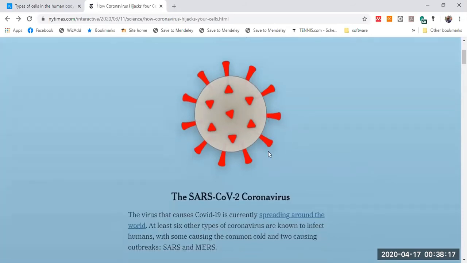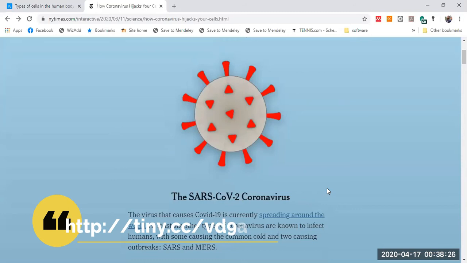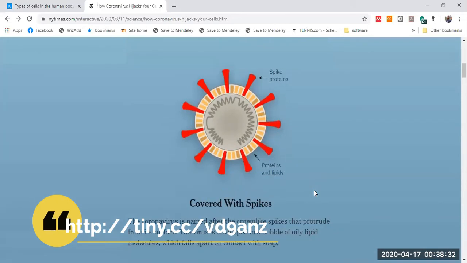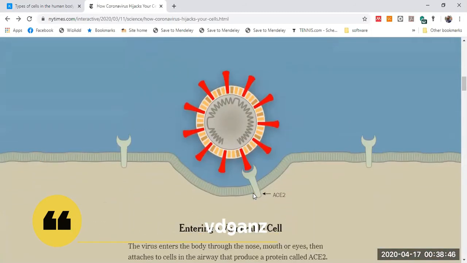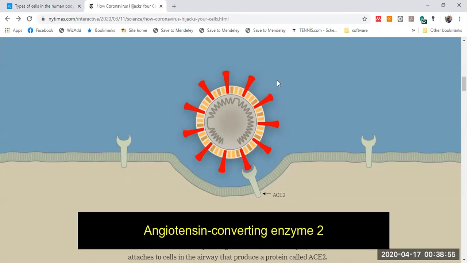If we take a look at this article, they're talking about the SARS-CoV-2 coronavirus that can spread through your nose, through your mouth, through your eyes. And when you see this coronavirus, you can see this structure. It contains protein, it contains nuclear material. It also contains the spike proteins. And then you see how it affects the cells, especially the cells of the airways, epithelial cells, through this receptor. We call it angiotensin converting enzyme 2, ACE2.